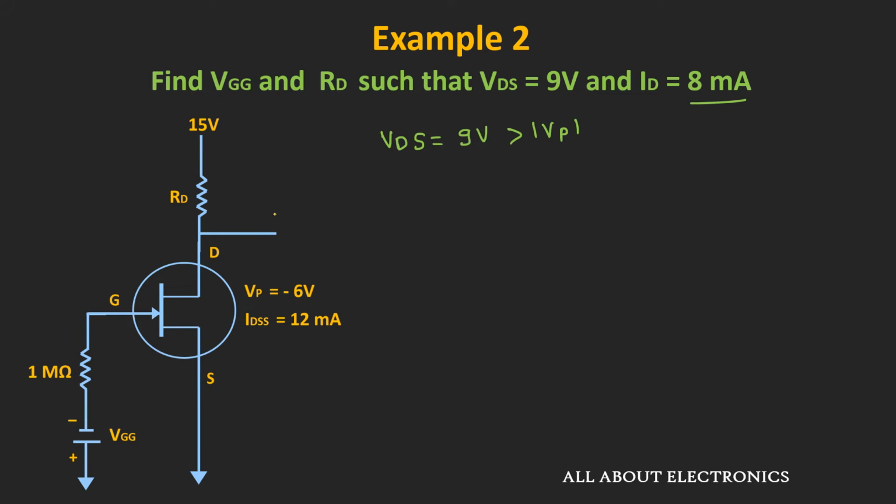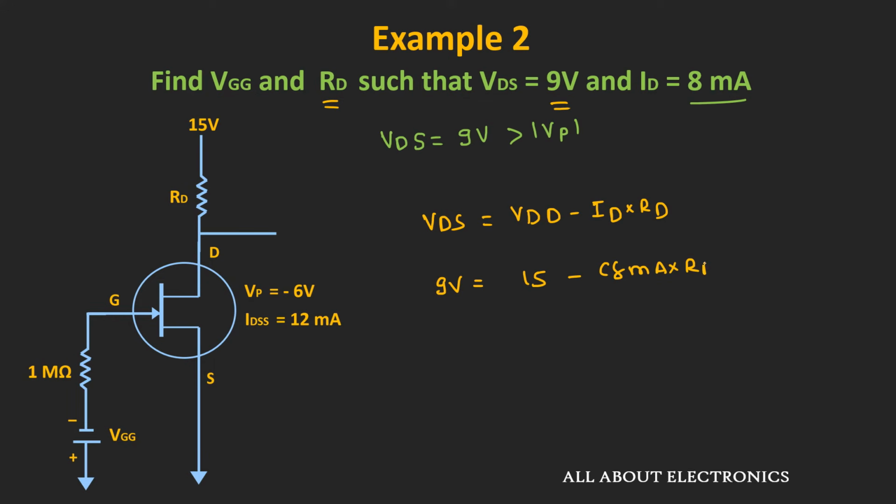And first of all, we will find the value of this resistor RD such that the voltage across this drain and the source terminal is equal to 9 volt. Now we know that the voltage VDS for the fixed bias configuration can be given as VDD minus ID times RD. Now here the required value of this voltage VDS is equal to 9 volt while the value of VDD is equal to 15 volt. And here the required value of drain current ID is equal to 8 milliampere.